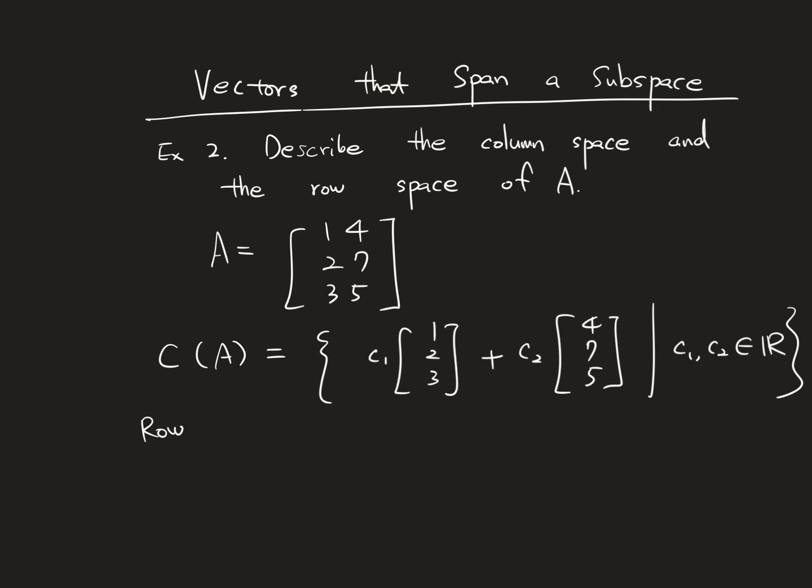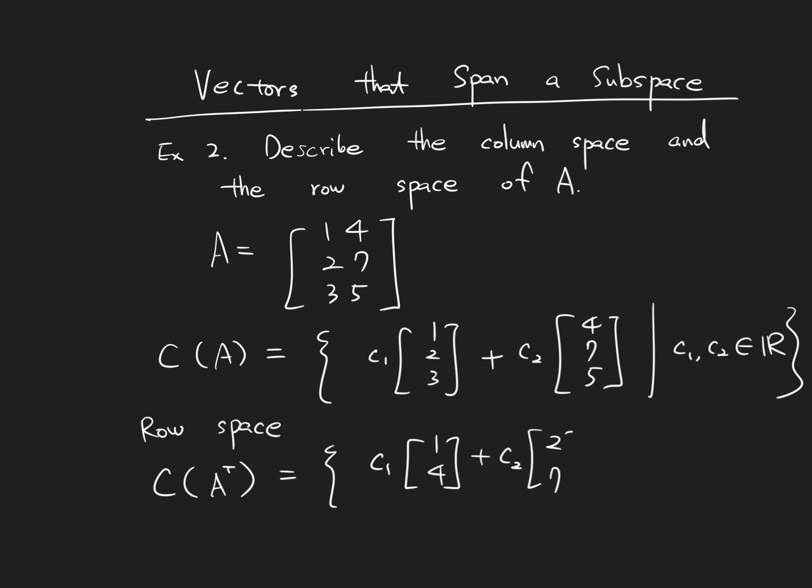And row space, this is C A transpose, which is C1 times (1, 4), C2 times (2, 7), and C3 times (3, 5). This is just the definition of row space. C1, C2, and C3 are all arbitrary real numbers.